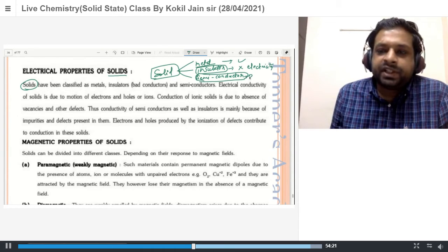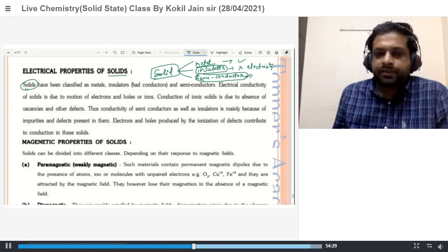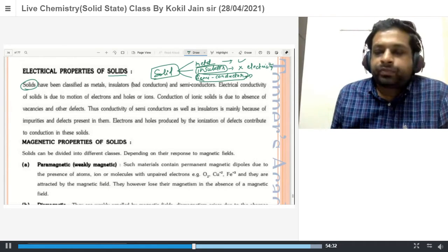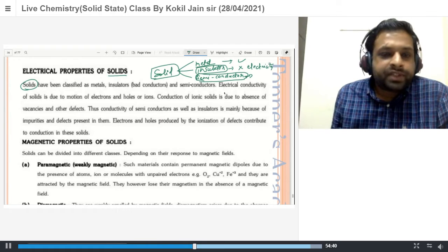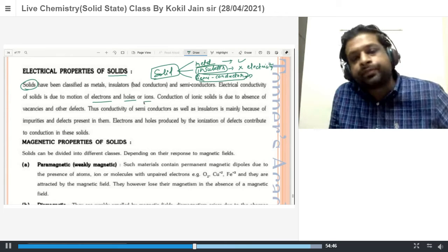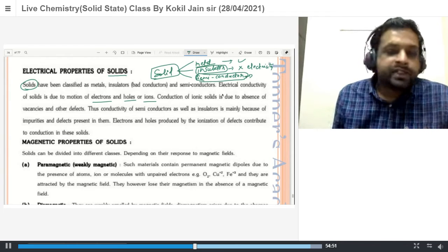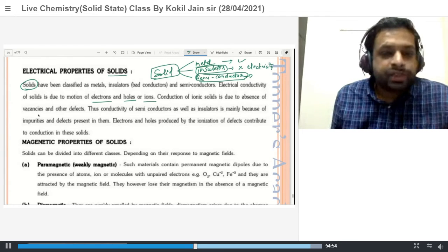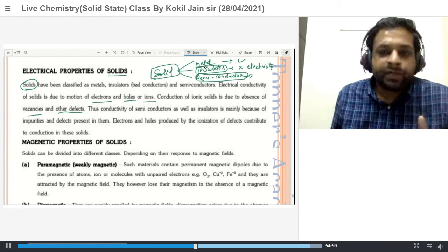They cannot easily conduct electricity, but if we create conditions such that they can show the behavior of a semiconductor. Now, in any kind of metals or insulators, how do we see the conduction? It is due to the presence of electrons, holes, or ions. First thing. Second, due to the vacancies or other defects, we also see the conduction in these types of metals.